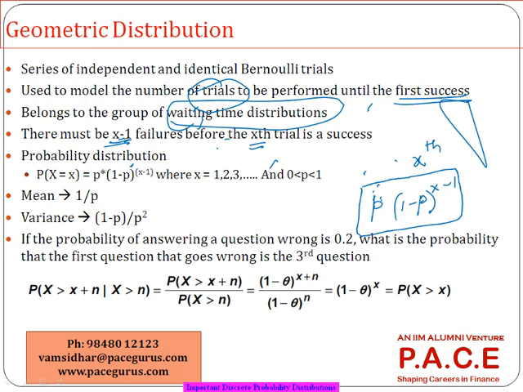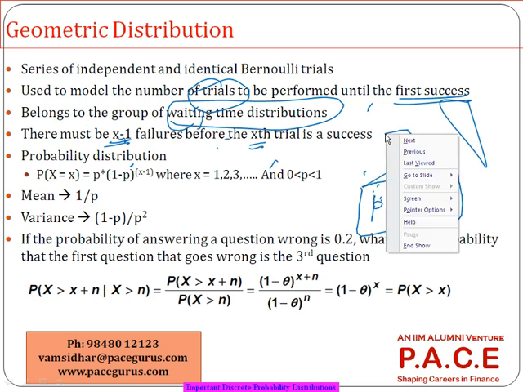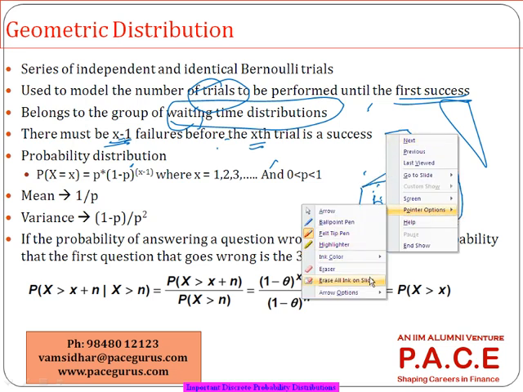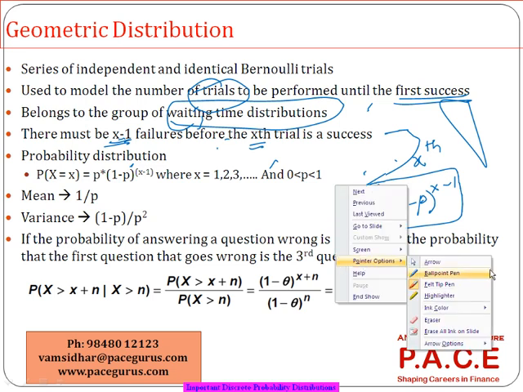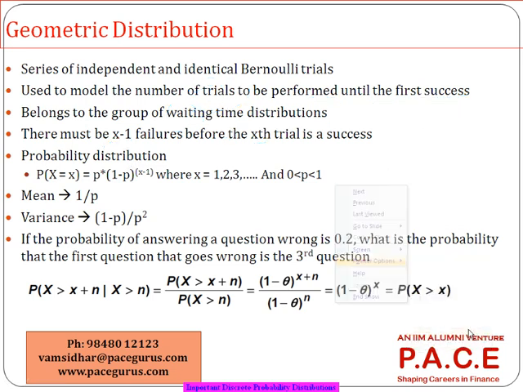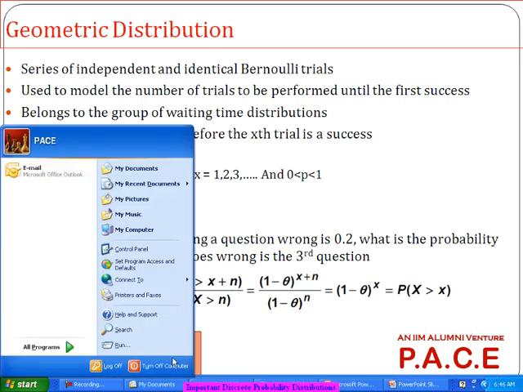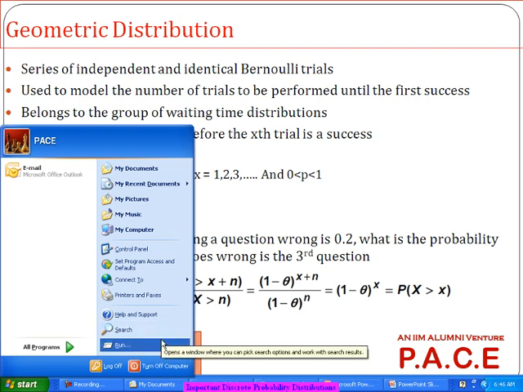So basically, we can take that same example. Let's say the chance of success in a CT3 exam is 0.3, 30% chance of success. So let's try to model it and see how it comes.